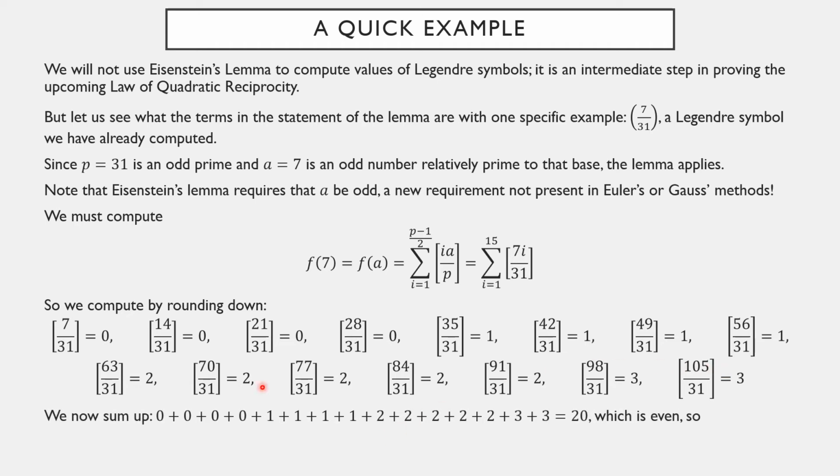So we add all of those up and we get an even quantity. So according to Eisenstein's lemma, the Legendre symbol 7 by 31 is -1 to the 20th power, which is +1. In other words, 7 is a quadratic residue modulo 31, and that does match with how we have already computed that Legendre symbol.